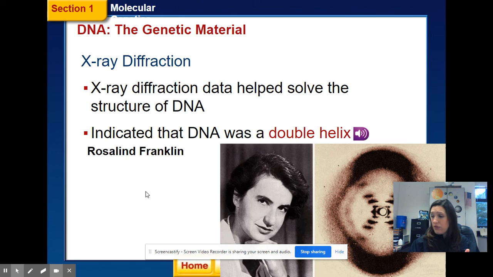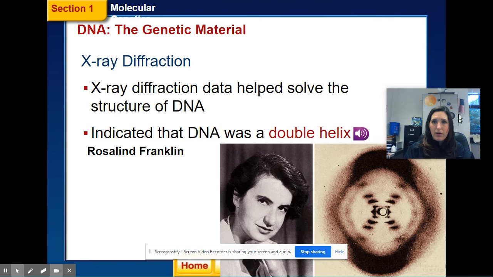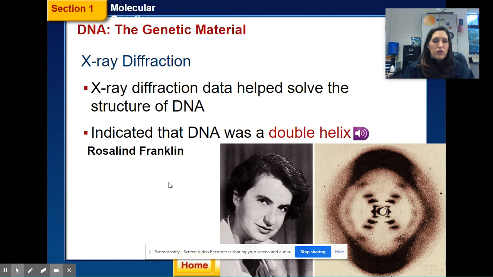All right, this is Rosalind Franklin. Rosalind Franklin took this picture in 1951. Let me move my picture here. So Rosalind Franklin, first of all, she's a female. That's really big. She's a physicist studying DNA, genetic information, and she takes this picture using an X-ray diffraction machine.